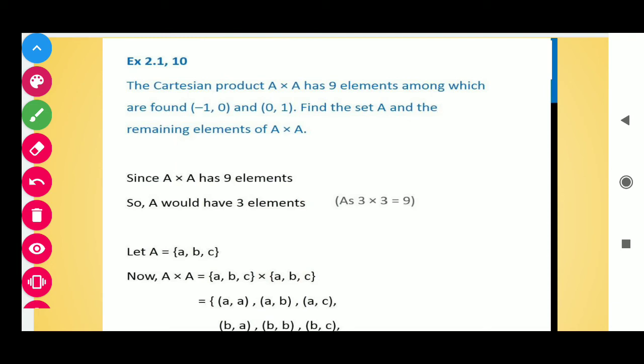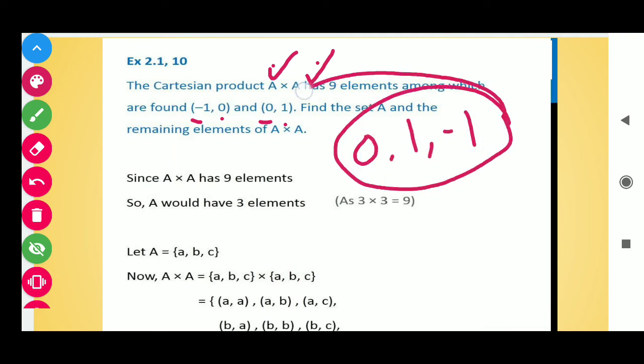We have to find the set A. This means both sets are the same A. First element belongs to the first set, second element belongs to the second set. Because A is the same, all the 3 elements 0, 1, -1 belong to the set A.